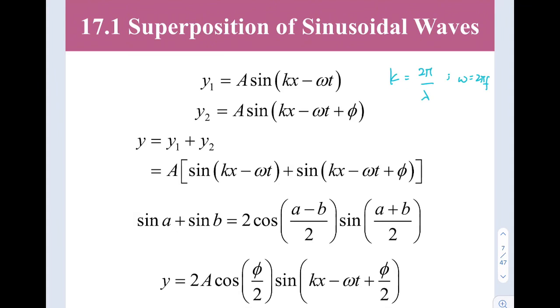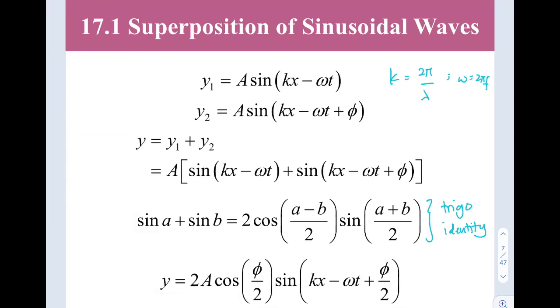By using the trigonometric identity, sin A plus sin B is equivalent to 2 cos((A minus B)/2) sin((A plus B)/2). The solution to our equation is y resultant equals 2a cos(phi over 2) sin(kx minus omega t plus phi over 2).